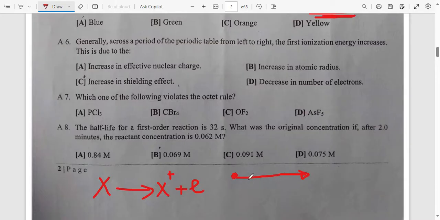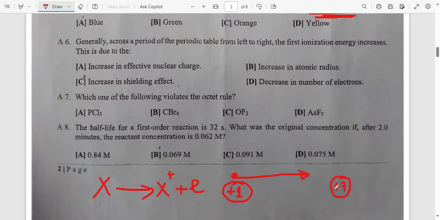What I'm saying is this: think of an atom that is, let's say, in group 1. An atom in group 1 has an effective nuclear charge of positive 1. An atom in group 7 has an effective nuclear charge of positive 7, meaning that electrons in group 1 are bound once to the nucleus.